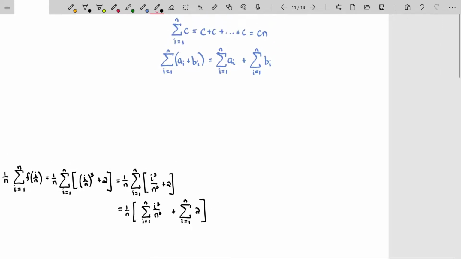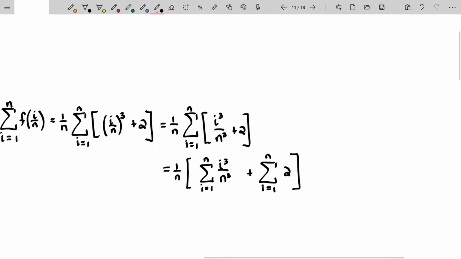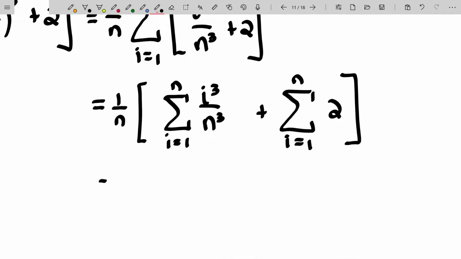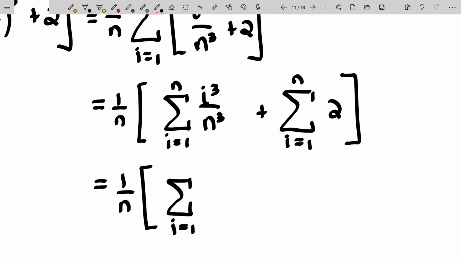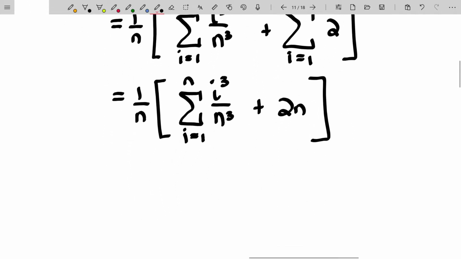I'm summing up from i equals 1 to n the number 2, so I'm going to say that's 2 times n. So I'll just replace that second summation. Let me just quickly write this in here. I'm not going to talk you through it, I'm just going to do it: i cubed over n cubed plus 2n. Okay, there we go.